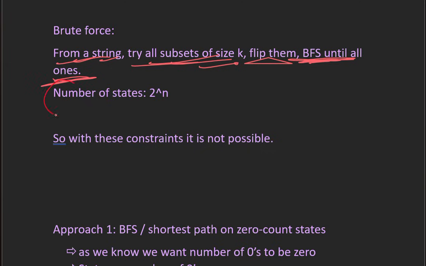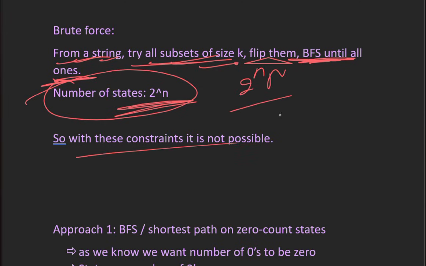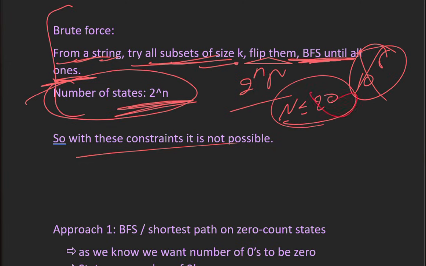So the number of states can be up to 2^n. So with these constraints, that is the string length up to 10^5, it won't be possible for this approach to work. N should be less than or equal to 20, right? So for these constraints this brute force approach will not work.